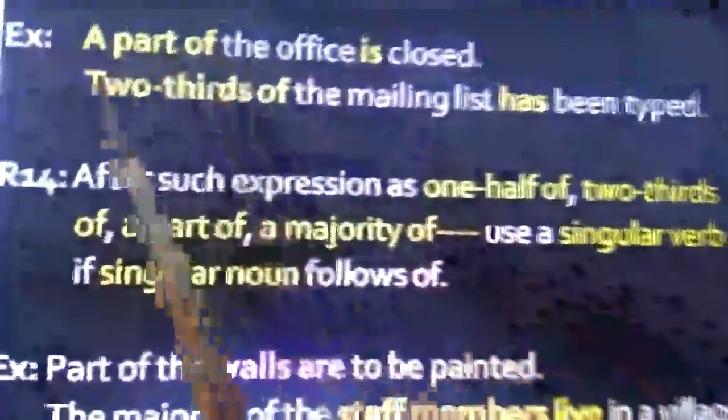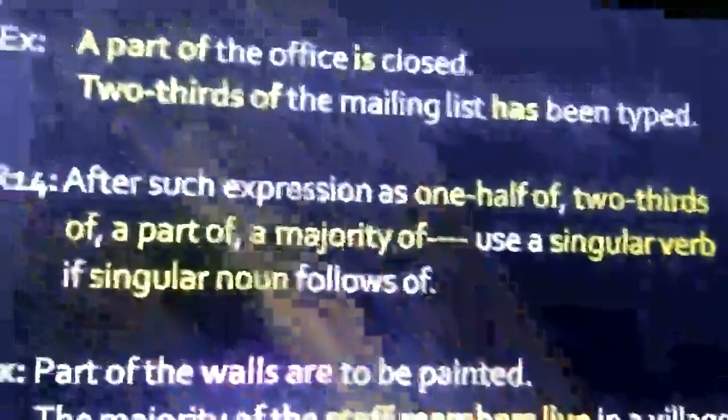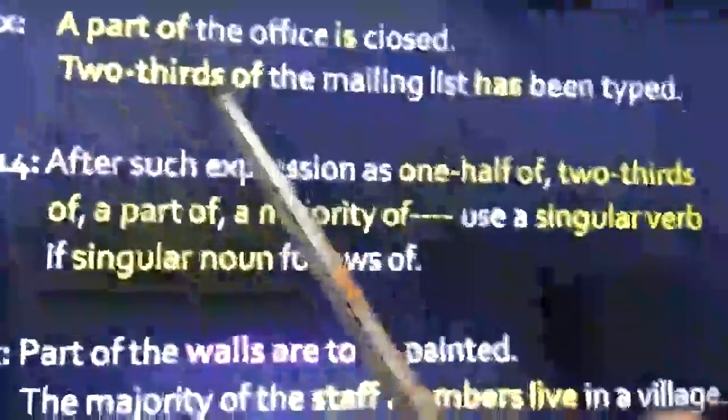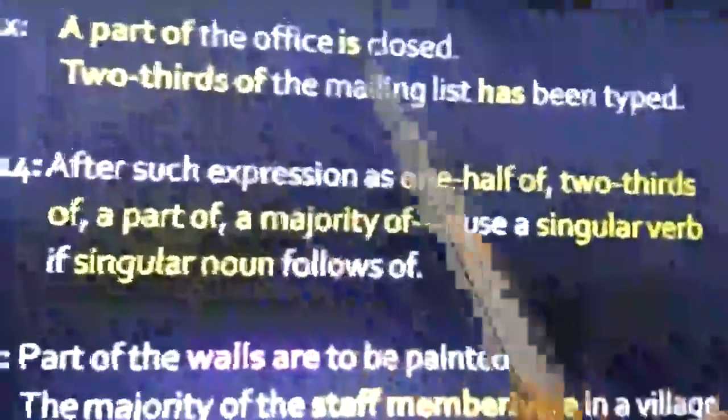See here the highlighted expressions, a part of, 2/3 of, a majority of, 1/2 of, something like that. Such expressions always carry a singular verb.